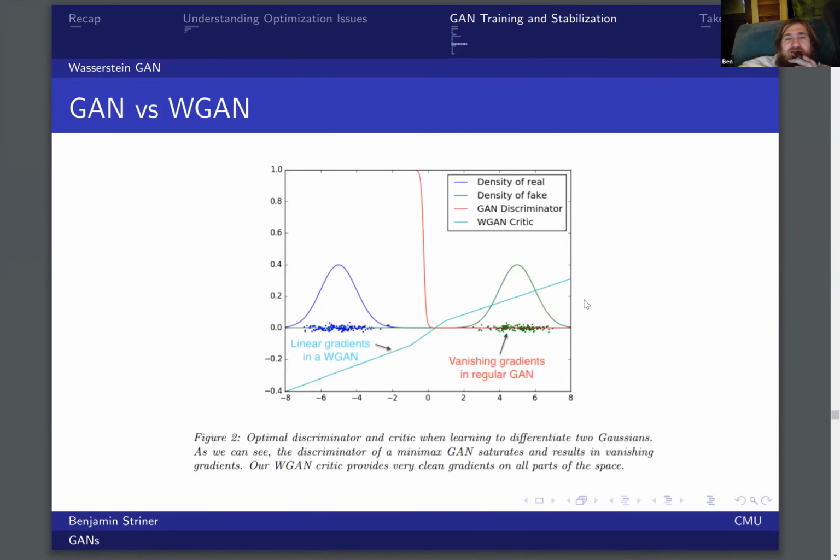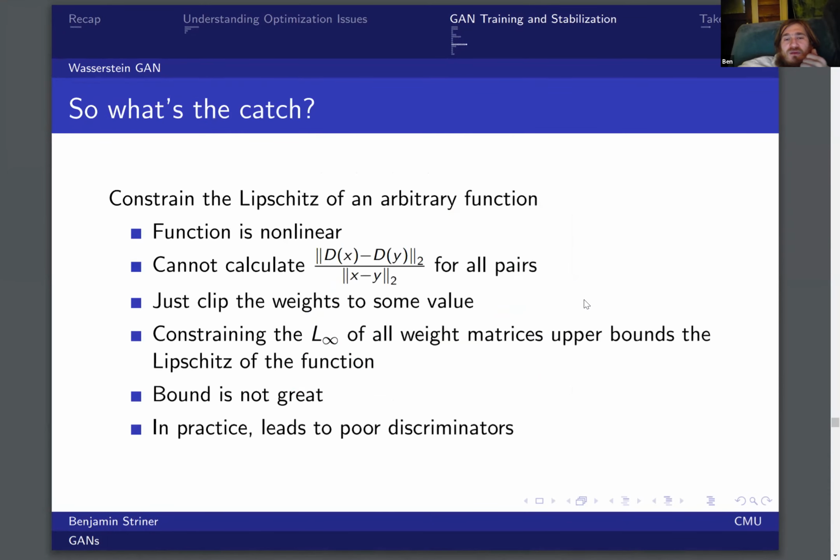So anyways, what's the catch here? The idea is if you can constrain the Lipschitz, then you can calculate the Earth mover distance. And if you can minimize the Earth mover distance, then you go where you want to be and everything should work perfectly. So what's the problem here? The problem is, how do you constrain the Lipschitz of a function?